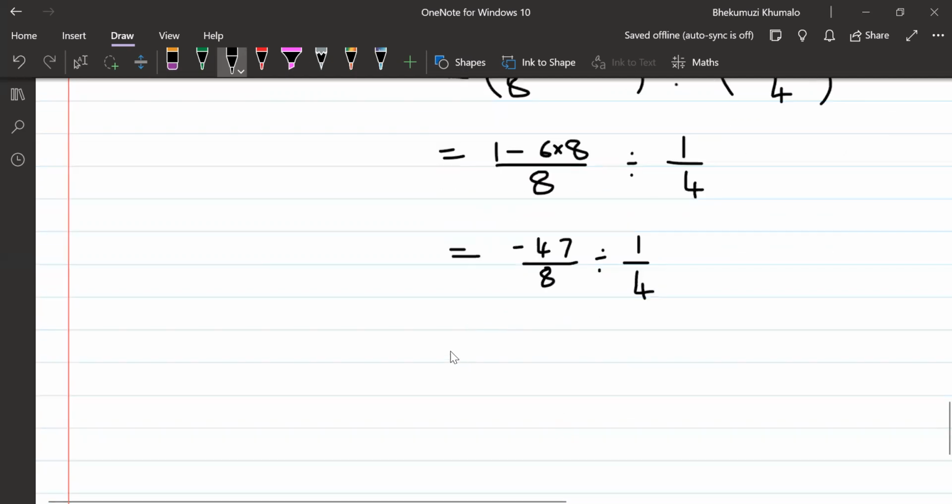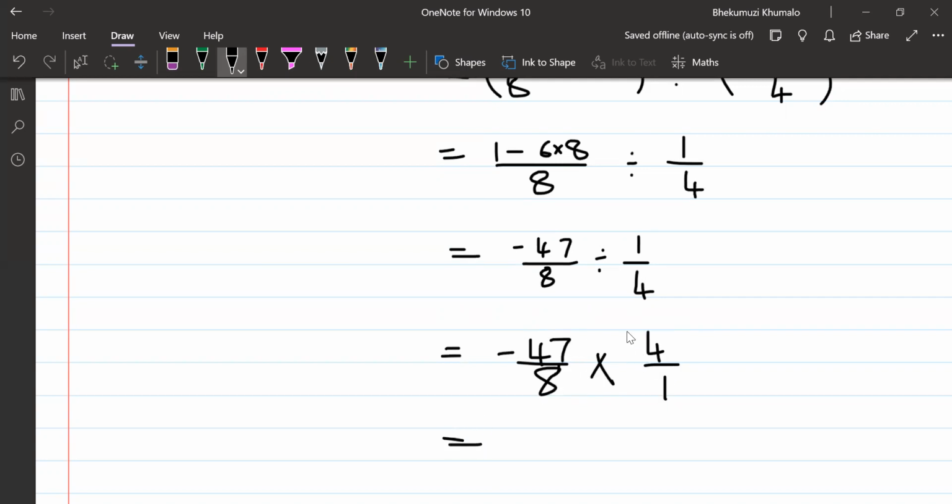And then from there, you just use your fraction rules. We can't divide fractions, we multiply them, so we flip the numerator and denominator. So it's 4 over 1. You could have multiplied it out and simplified further, or the easiest way: since you have 8 and 4 there, that's 4 over 8, which is half, right?